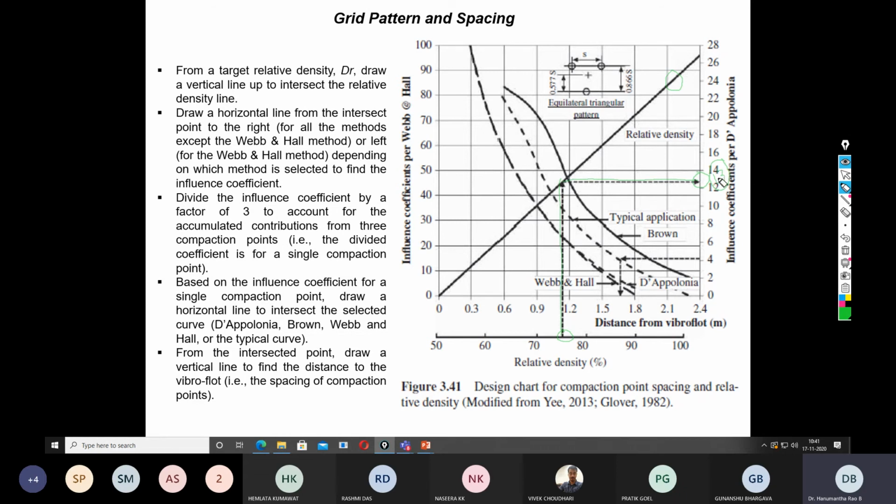So, as I told, here we got an influence coefficient of 13. Since this entire graph is valid only for an equilateral triangular pattern, divide 13 by 3. Then what we get is the spacing requirement, that is S.